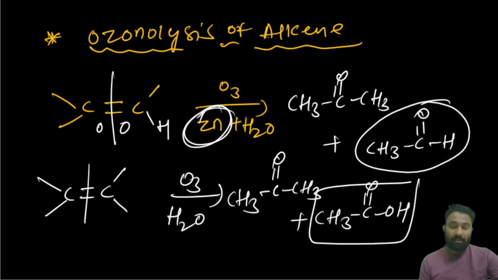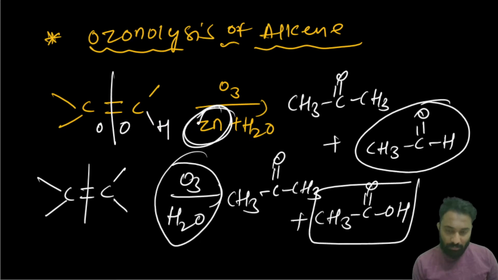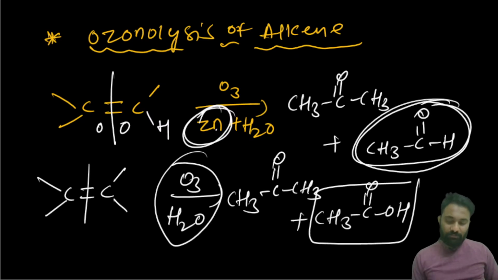Clear? You have to be very careful. If they have given ozone and H2O without zinc, it will not stop at the aldehyde stage; it will convert it directly into the carboxylic acid.